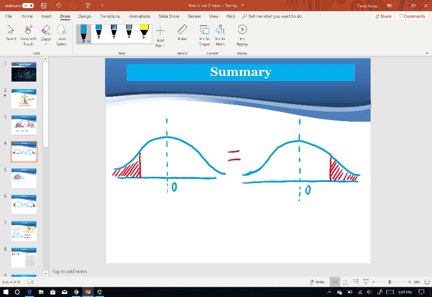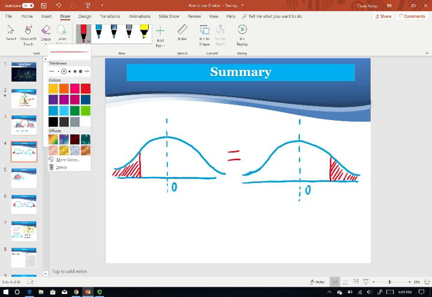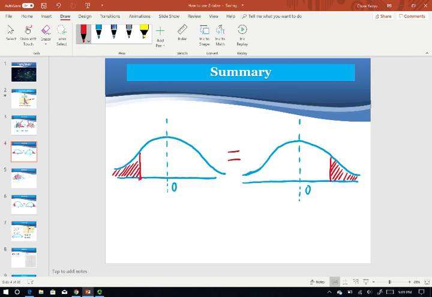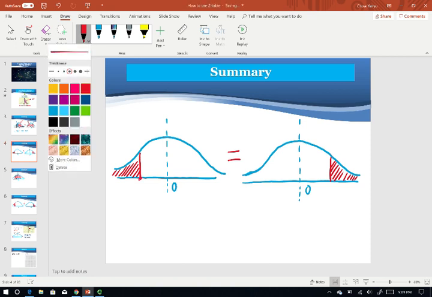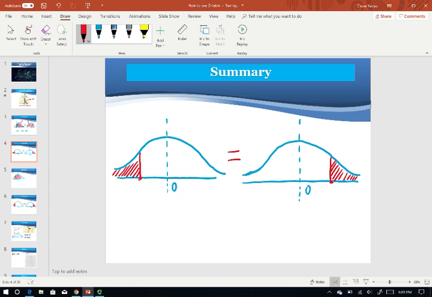And similarly, if you draw the picture like this, and we recommend you draw the probability curve because it is the simplest way to find out probabilities. If you are finding a z-score smaller than a negative number here, or bigger than a positive number here, this area is the table value, and this area is also the table value.